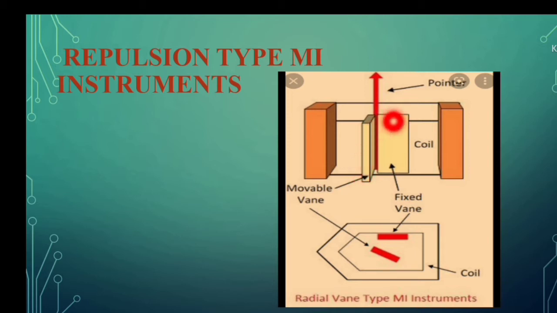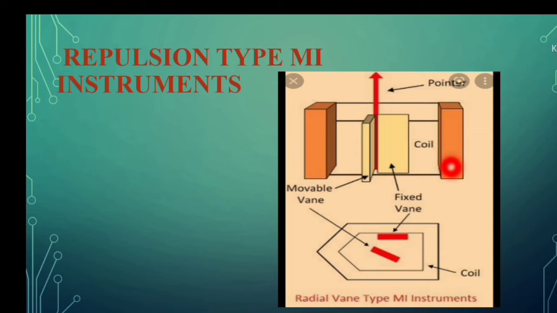It consists of two soft iron pieces, one is the fixed one and the other one is the movable one, and these two iron pieces are polarized with the same polarity. This fixed and movable vane is placed in the magnetic field developed by the current passing through the coils.